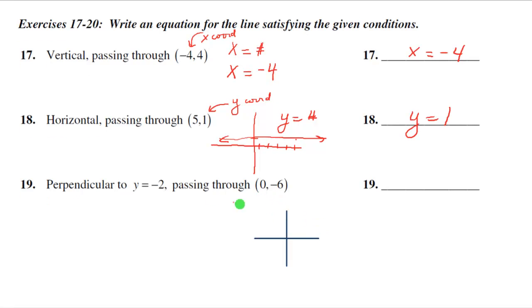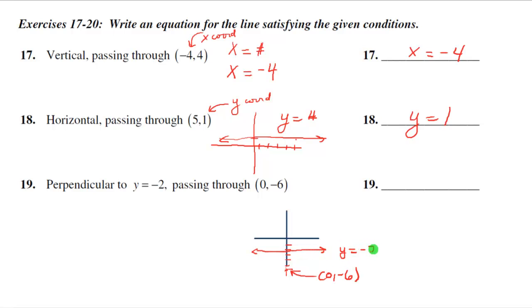Now we're going to look for a line perpendicular to y equals negative 2 and passing through (0, negative 6). So we're going to graph the point (0, negative 6) so that you can visualize where that is. Then we're going to graph the line y equals negative 2, which we know is horizontal. So we find (0, negative 2) as the y-intercept and graph the line.